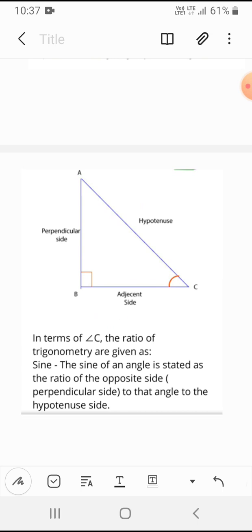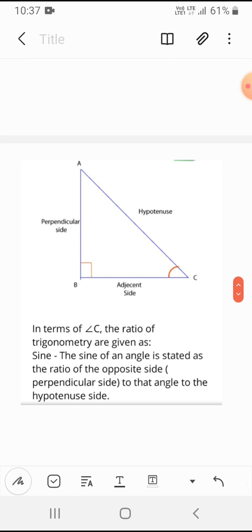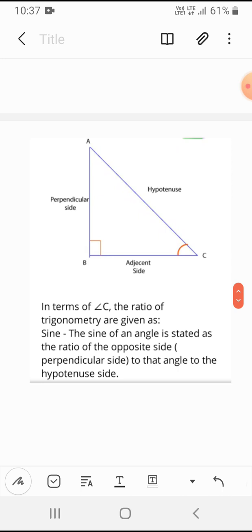The sine of an angle is the ratio of the opposite side, that is the perpendicular side, to the hypotenuse. So the ratio of perpendicular side to hypotenuse is what they are saying is sin theta.